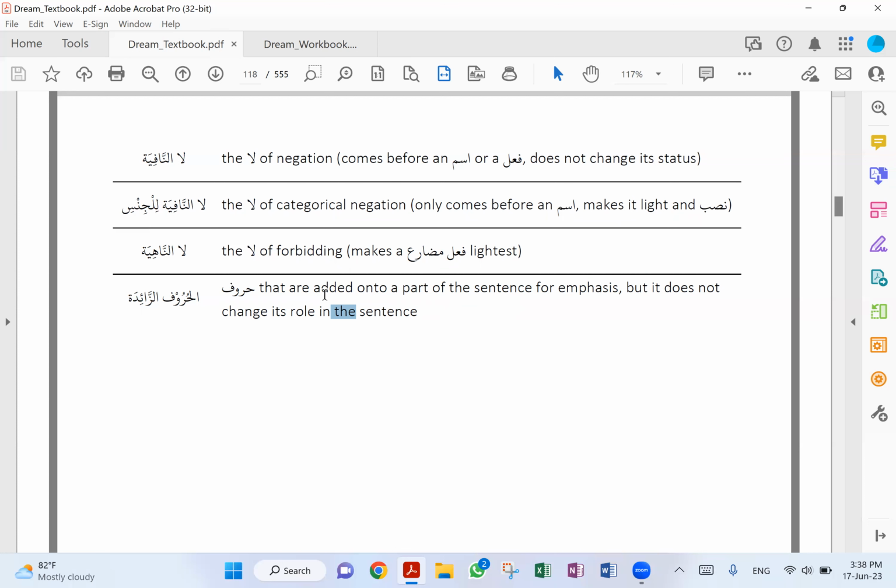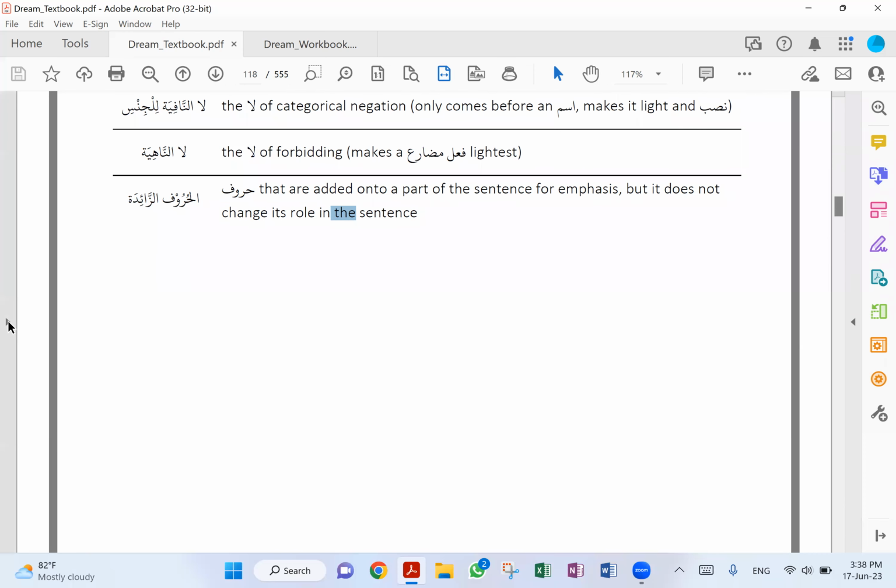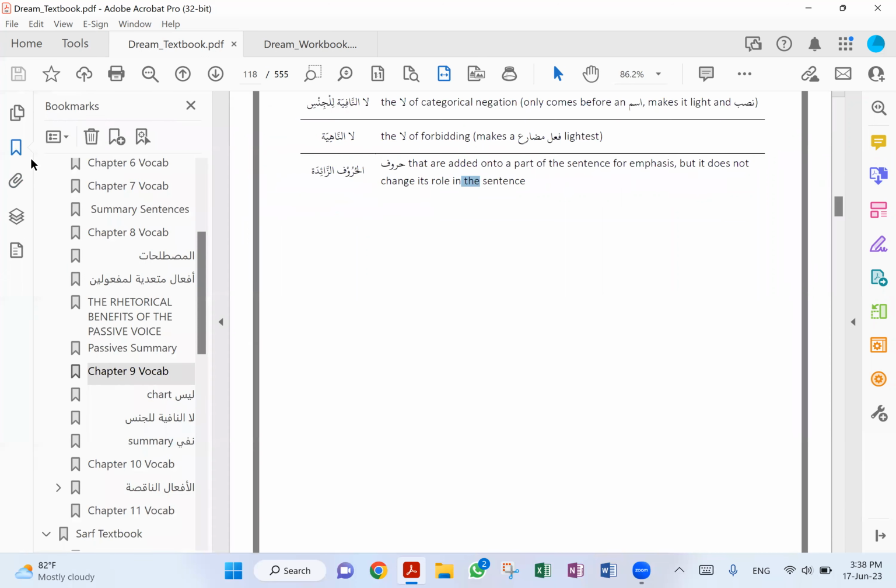Ba is harf jar, but when it's zaida, it doesn't have any impact. We don't consider it, like for example, if it comes with a khabar, we won't say this is a muta'alliq bil khabar. We will say this is still a khabar and the ba is zaida. So it doesn't have any grammatical implications. So those are just the vocabulary. Let's see what else we can look at before we do some exercises.